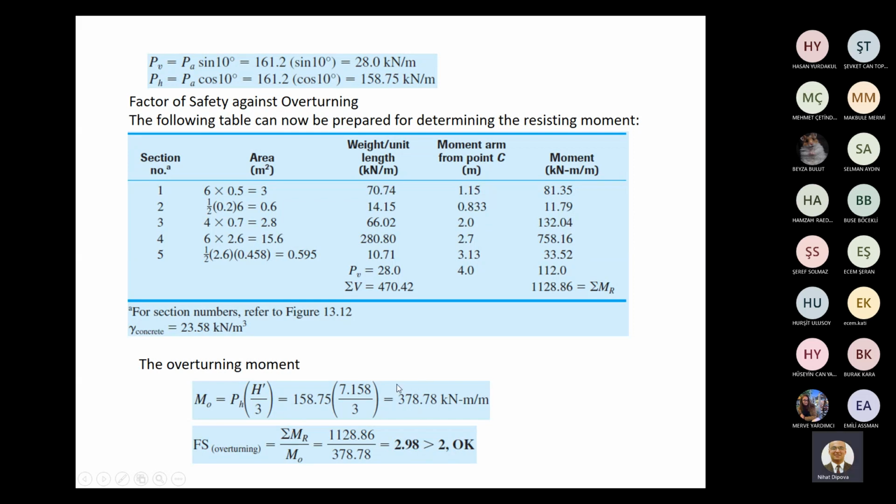Then overturning moment is 378. We just calculated summation of resisting moment, and dividing to overturning moment, safety factor is 2.98. This is a reasonable value, and we can accept. It's okay.